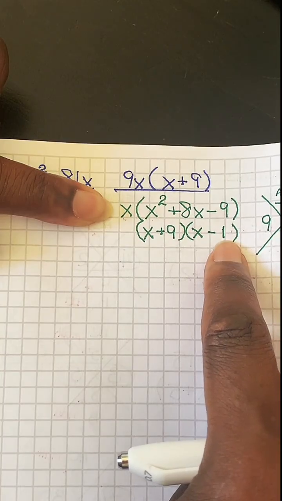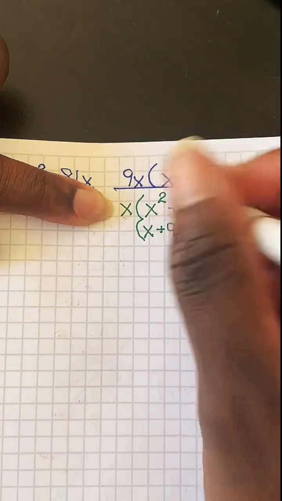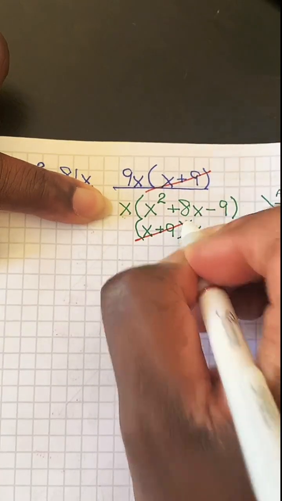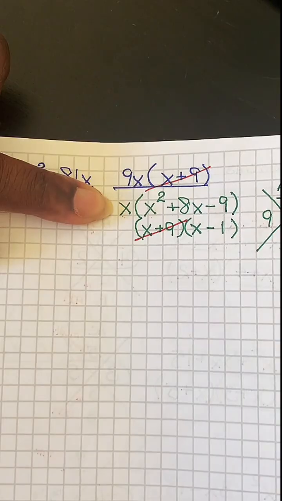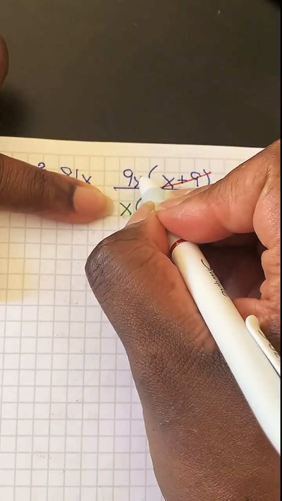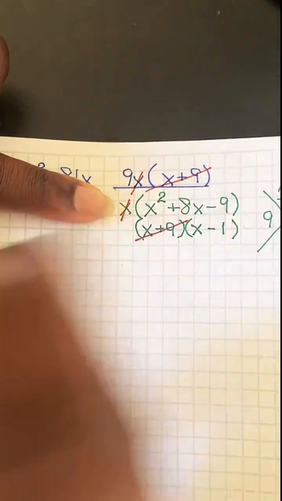Okay. All right. So now we have x plus 9 and x plus 9. They can cancel. But there's something else that can cancel as well. Yes, Toddy. There it is. We have an x here and an x down there.